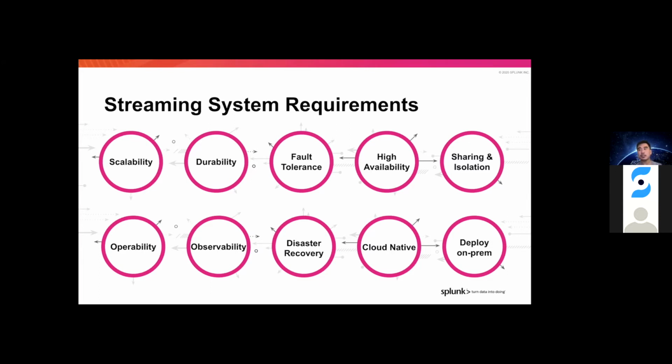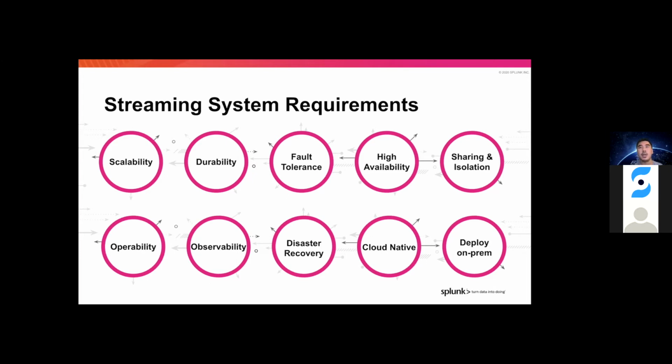Cloud native. One of the big pushes for Splunk is to the cloud, so our platform definitely needs to operate in a cloud native fashion. This also touches on scalability: in operating in a cloud environment, we should be able to leverage all the resources available to us in the cloud and scale in the cloud as well.